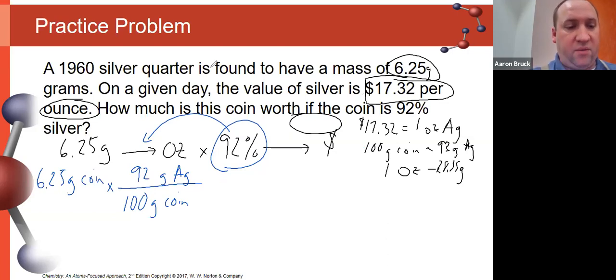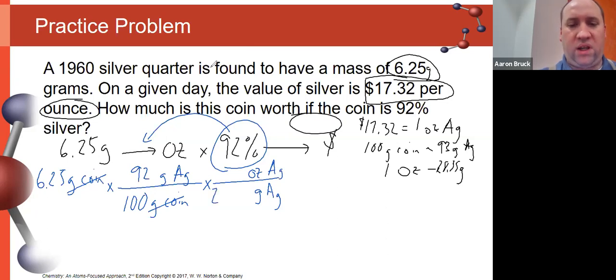We can see that grams of coin are common, so they cancel out. Now that I have 92 grams of silver, I've converted to grams of silver. Let's go ahead and convert that into ounces. So grams of silver into ounces of silver.